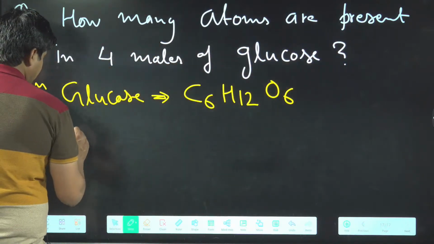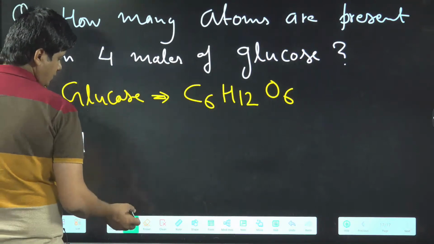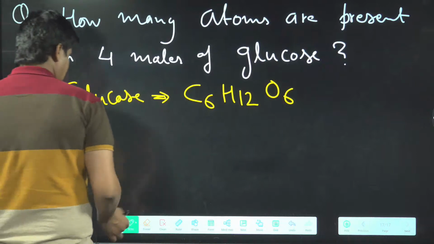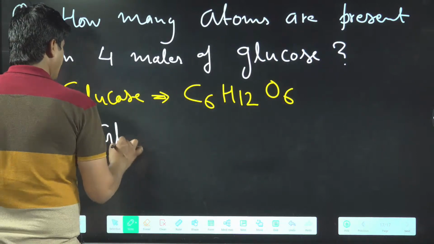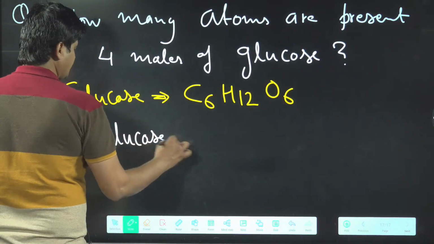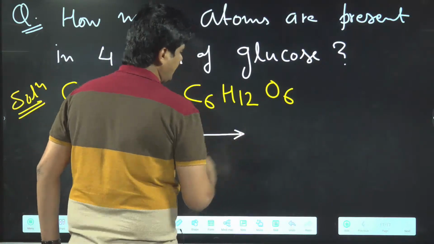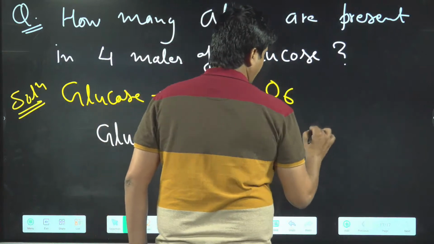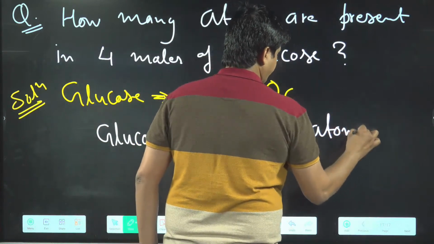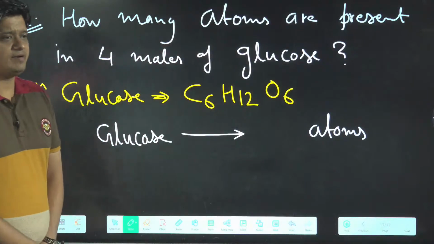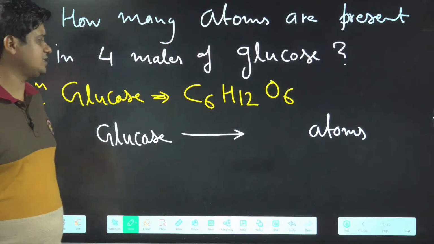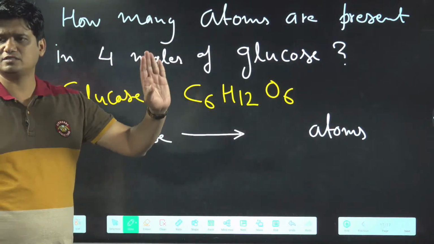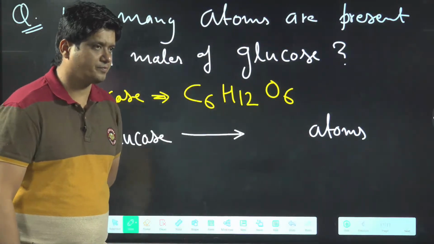So on the left hand side we will write 4. Okay. Firstly I'll go through the formula. Left hand side I will write glucose, and right hand side I'll write what is asked to you, and that is atoms. My path is now known to me.